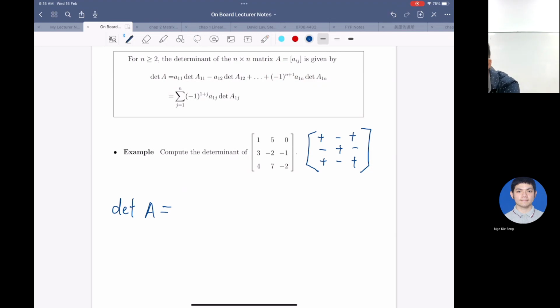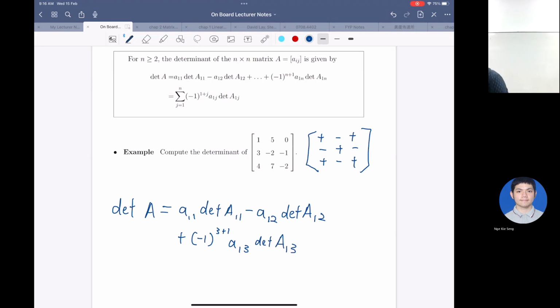Let us try this example using this formula. In this case, we'll have the determinant: A11 times the determinant of the A11 minor, minus A12 times the determinant of the A12 minor, plus minus 1 to the power 3 plus 1, A13 times the determinant of its minor.